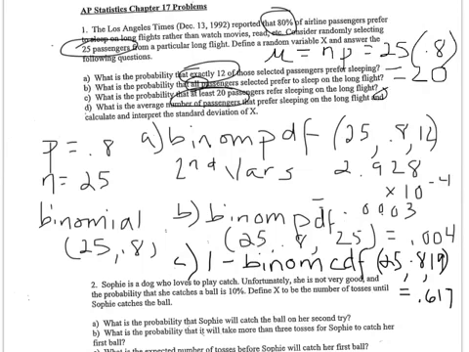The standard deviation is the square root of npq. Just so you know, q is 0.2, okay? So 20 times 0.2 is going to be 4, but it's under a square root, so the square root of 4 is 2. Okay, so our standard deviation is 2 for this problem.